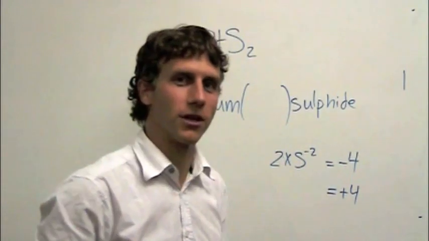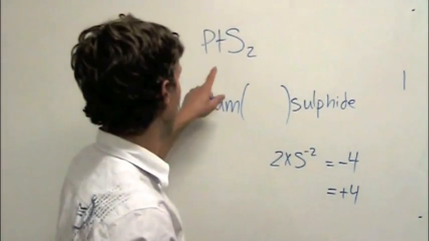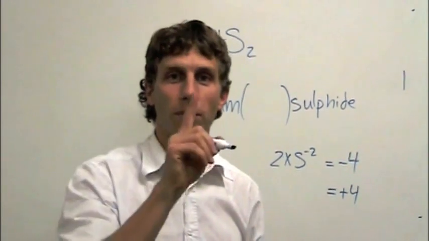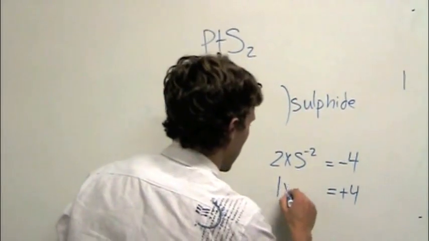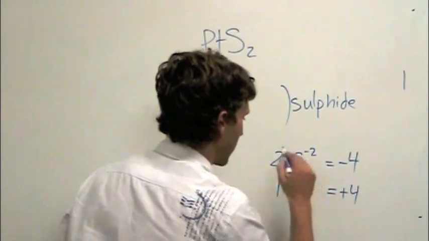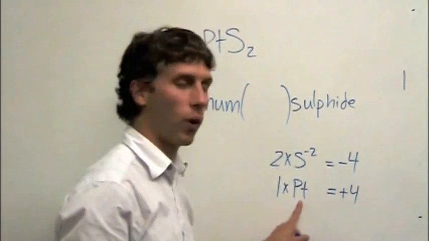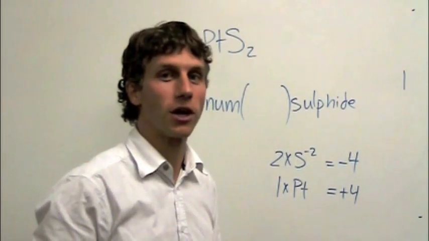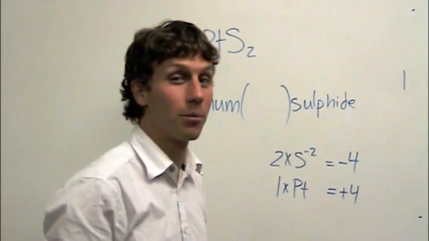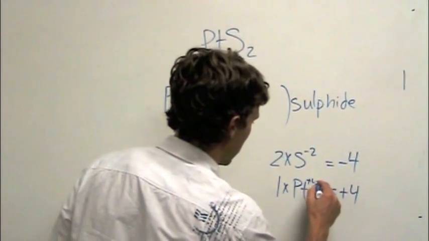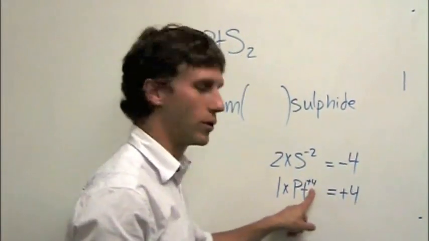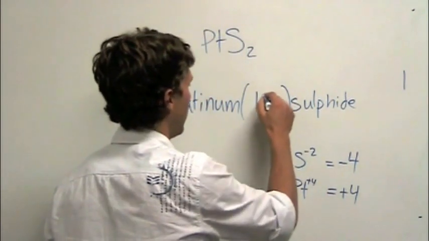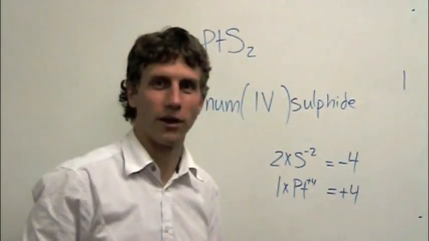Those positive charges are coming from platinum. Since there's no number here, that tells us we have 1 platinum. So, if we have only 1 platinum and 4 positive charges, the charge on that platinum has to be +4. So, because the charge on the platinum is +4, we go platinum 4 sulfide.